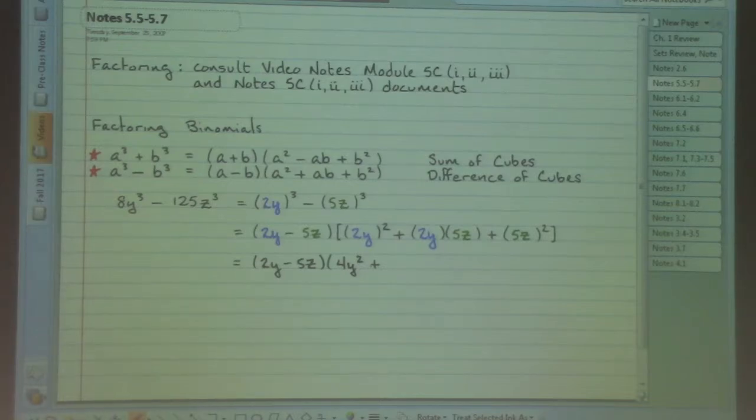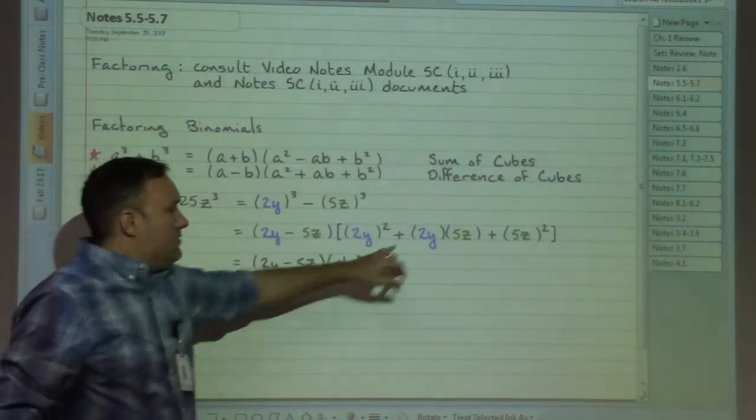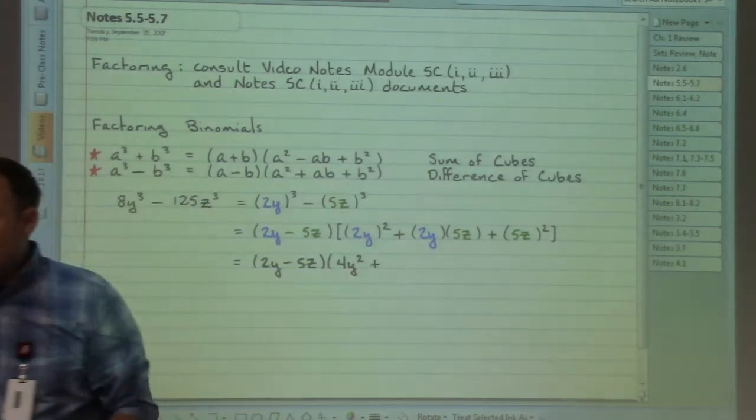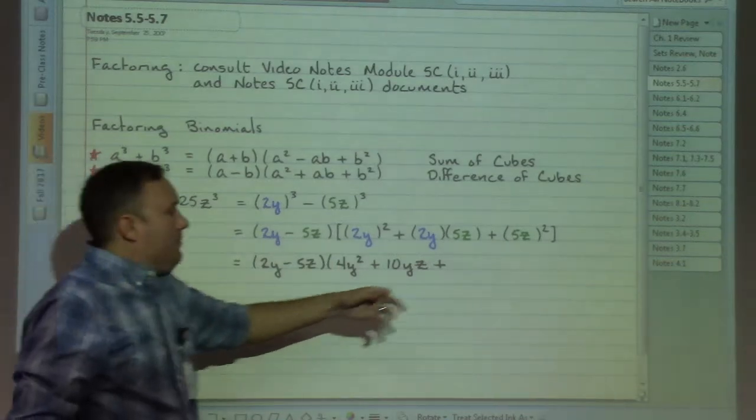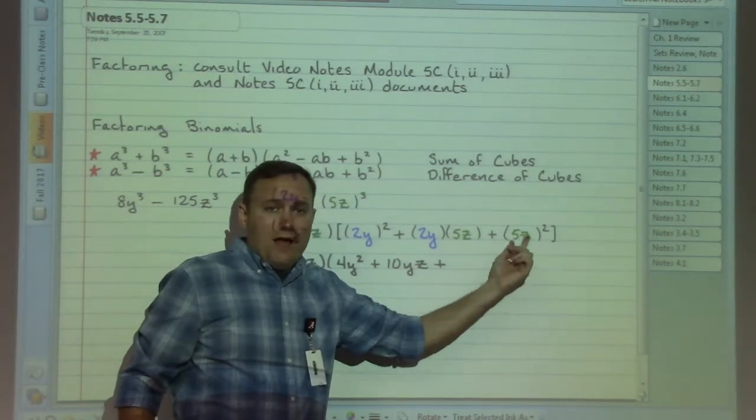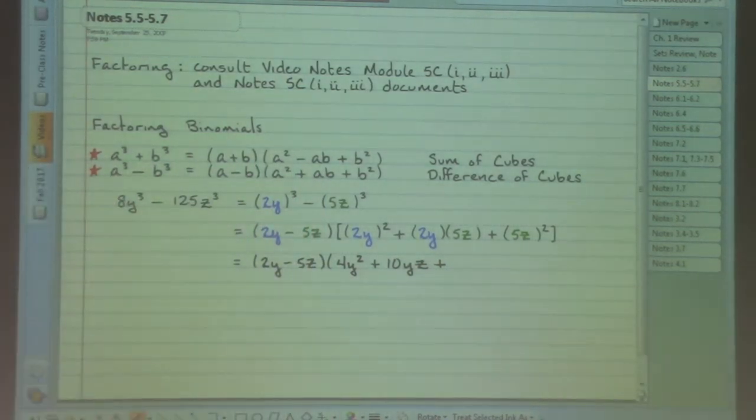In the middle, I've got the blue 2y times the green 5z. 2 times 5 is 10, yz, showing up in the middle of my second factor. Another plus sign, and at the very end, where I have 5z squared, 5 squared is 25, so 25z squared.